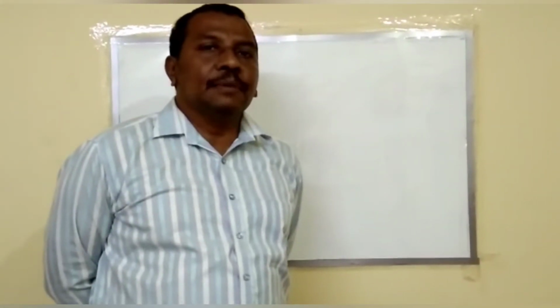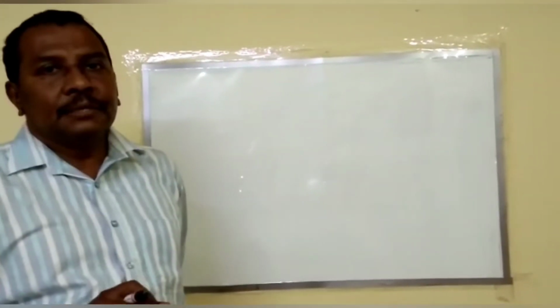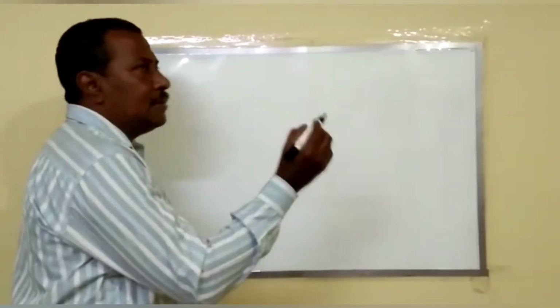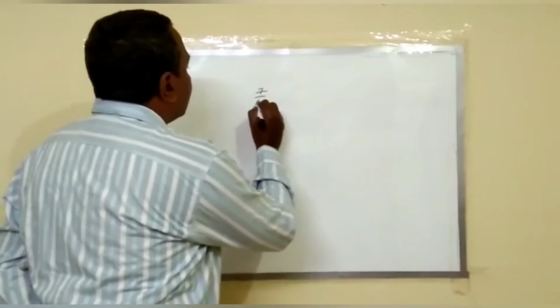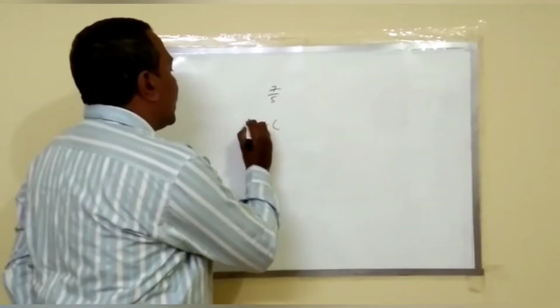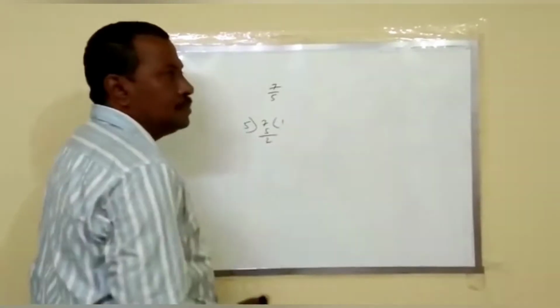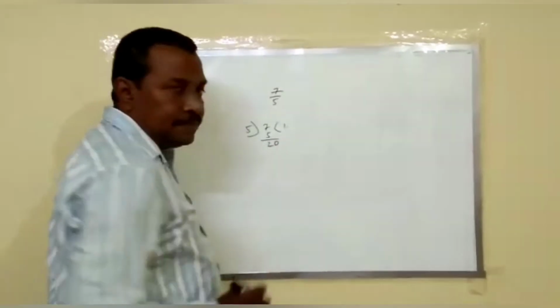We had already discussed two types of decimal numbers: terminating decimals and non-terminating repeating decimals. Once again, let's recall terminating decimals. 7 by 5. 7 is divided by 5. 5 ones are 5 and the remainder is 2. Keep a decimal point here and you can place a 0 here.